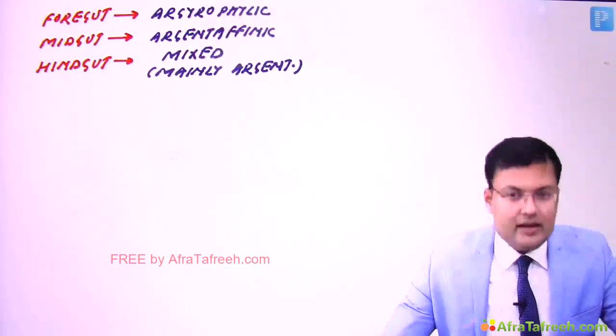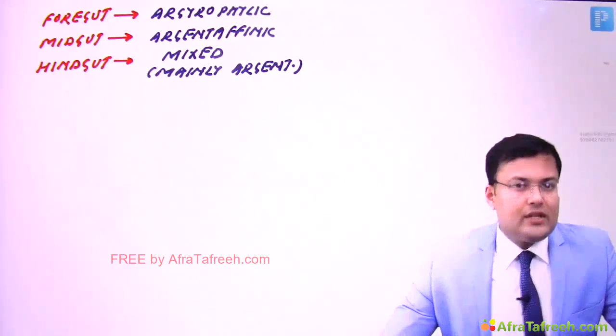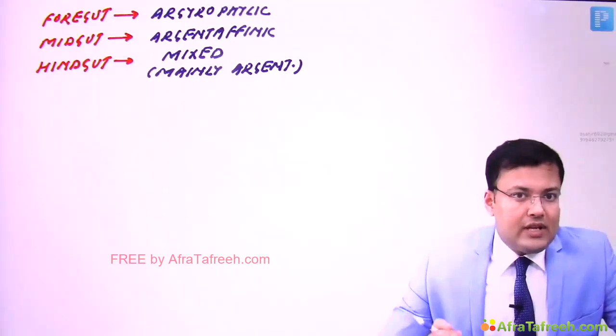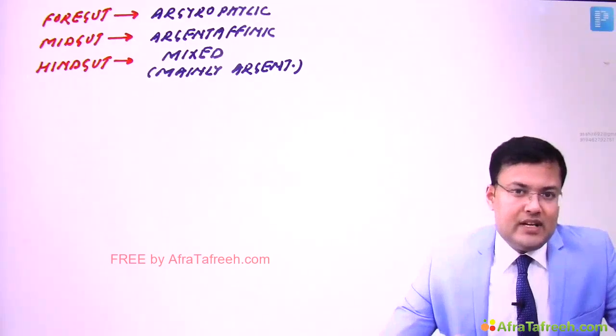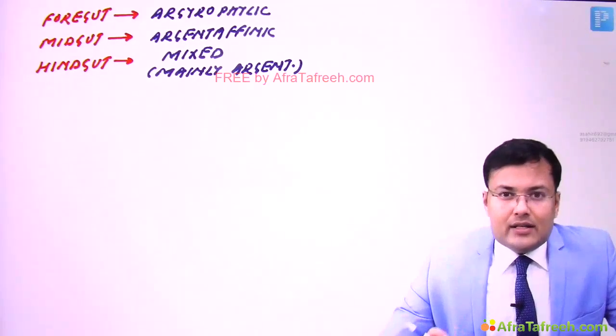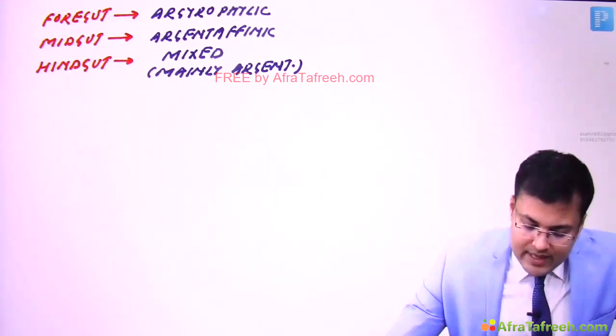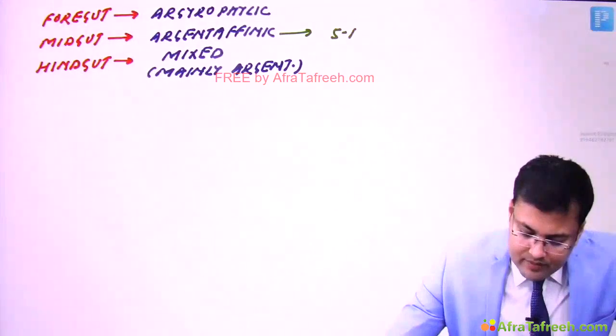After that, out of these three, which carcinoids are producing 5-hydroxytryptamine or serotonin? If you see foregut, midgut and hindgut carcinoid, it's the midgut carcinoid which is mainly producing 5-hydroxytryptamine or serotonin.